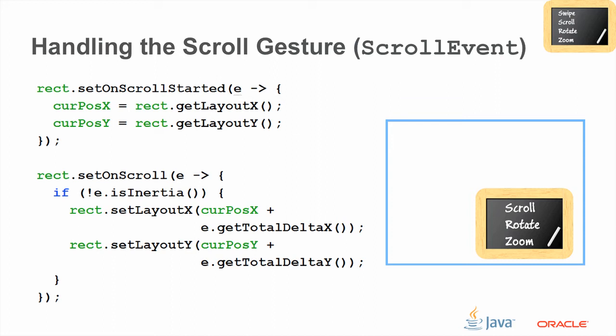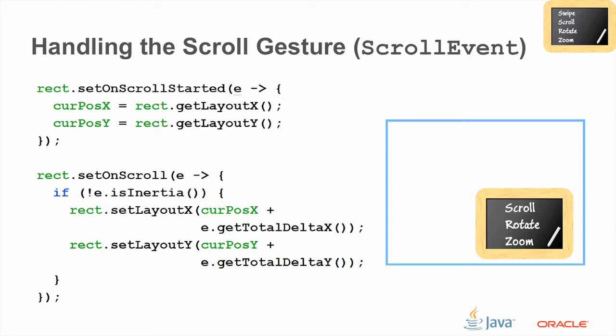So to handle the scroll gesture, when the user puts their finger on the screen and starts scrolling, that triggers an on-scroll started event, and here we're passing in a lambda for that, and then we're capturing the current X and Y position.